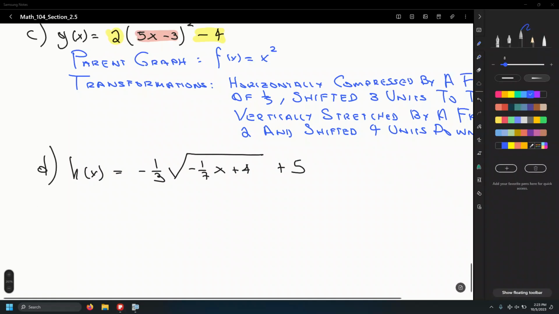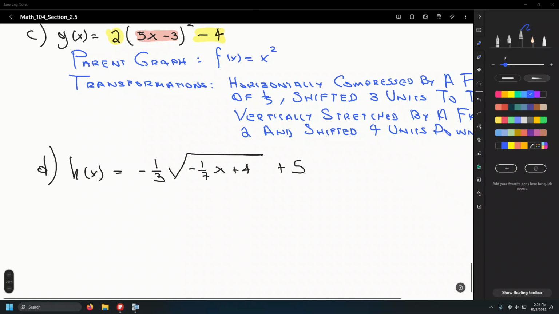Okay, so for h of x equals negative 1/3 square root of negative 1/7 x plus 4 plus 5, let's see all the different transformations. And again, don't let all this madness scare you. Divide the problem into two parts.